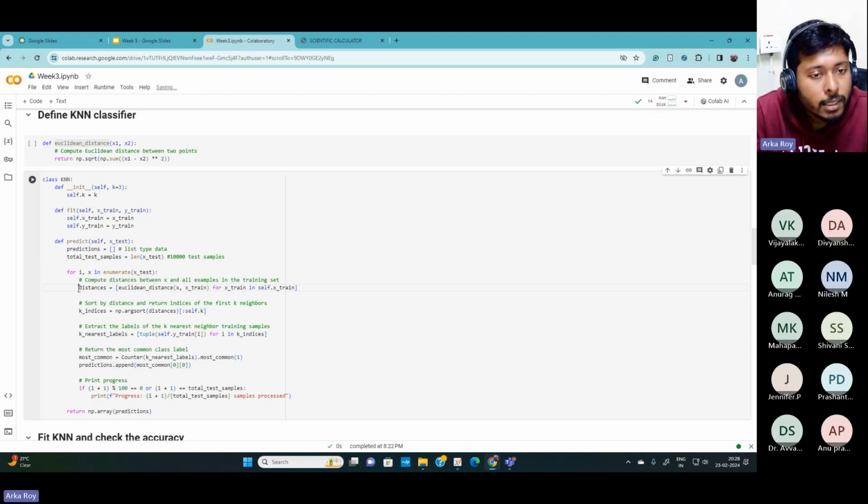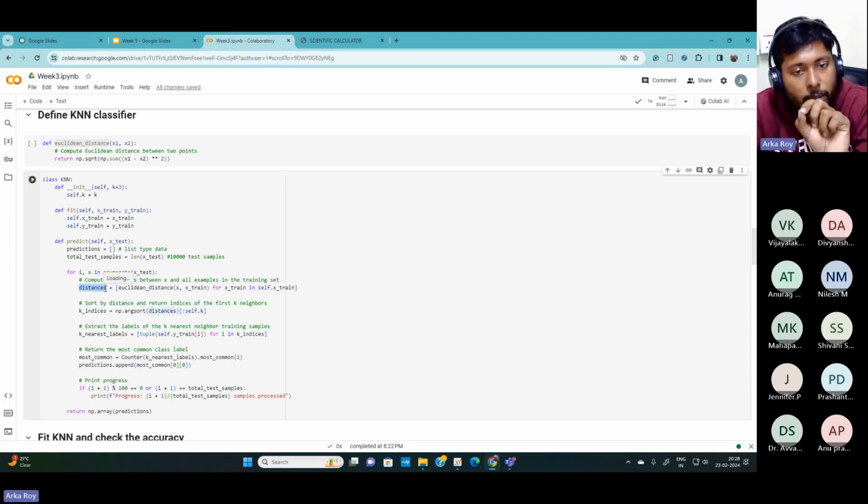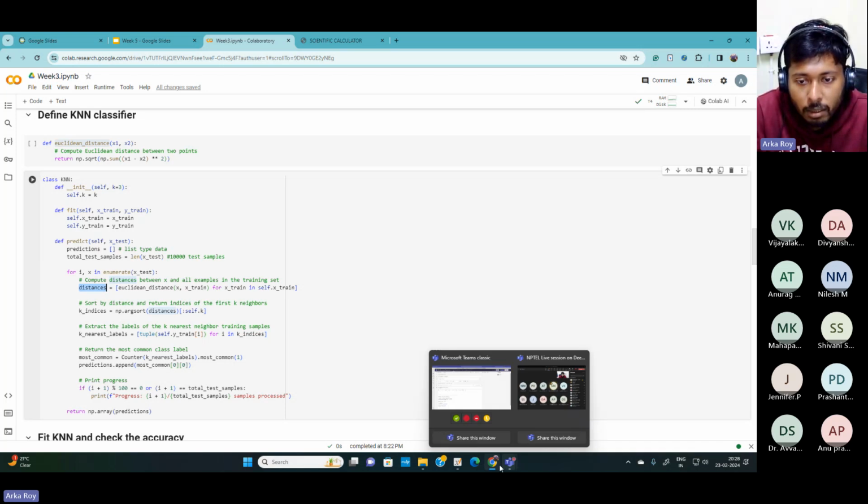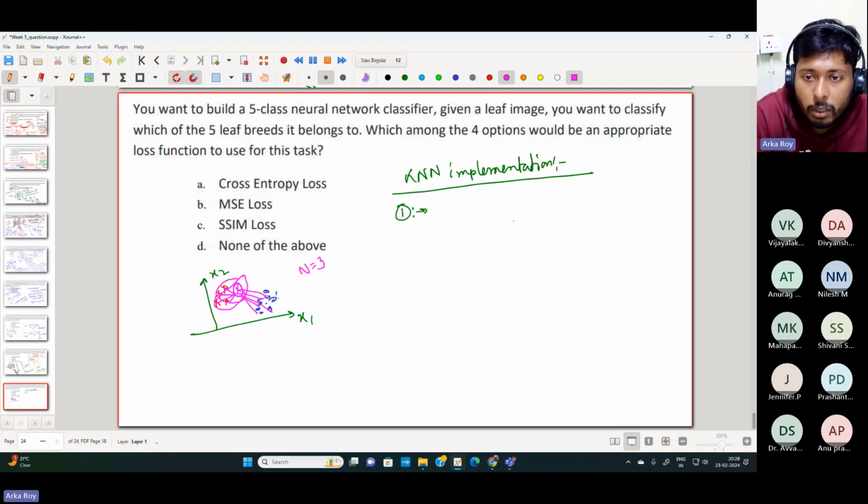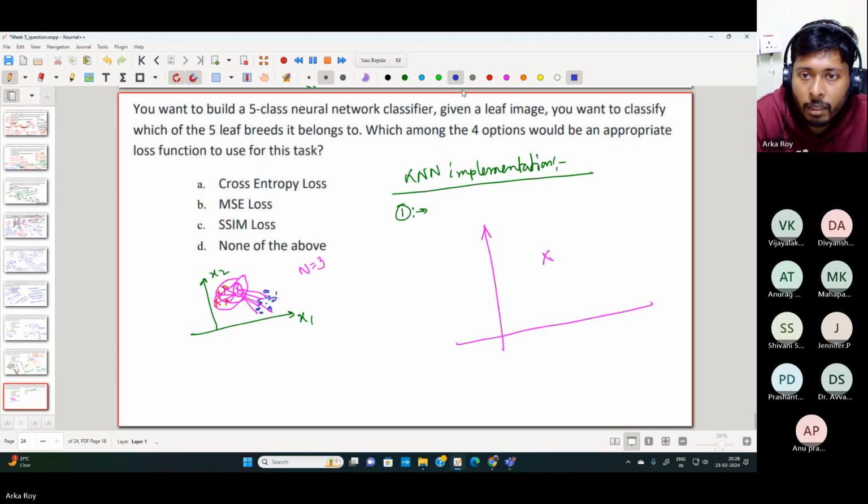Then you have to calculate the distance for a given test query. You have to calculate all possible distance values for the points which are there in the training set. So that is what we are calculating: distance is equal to Euclidean distance between x and x train. That means, if I show it over here, you have a test query and these are two classes.